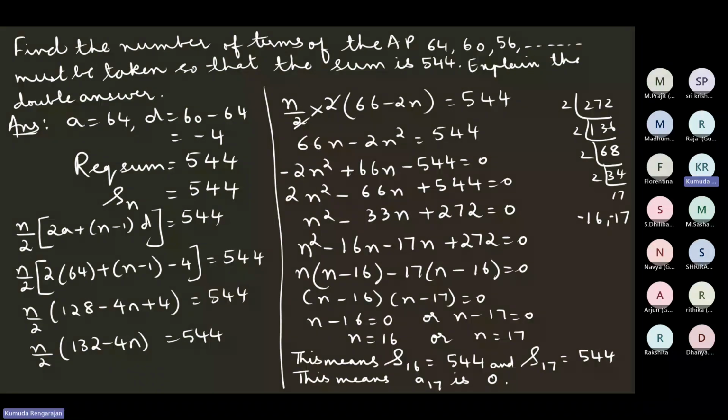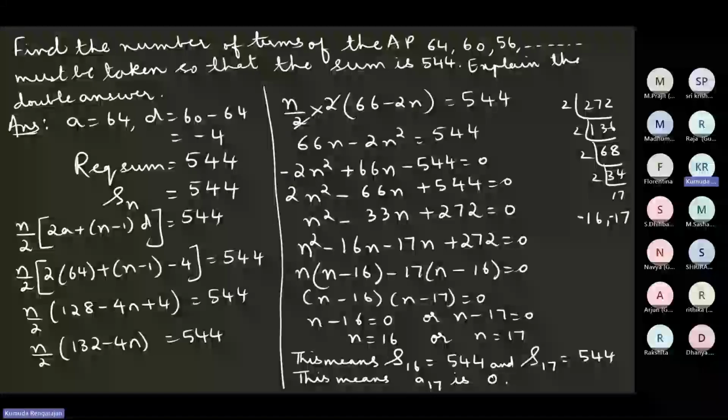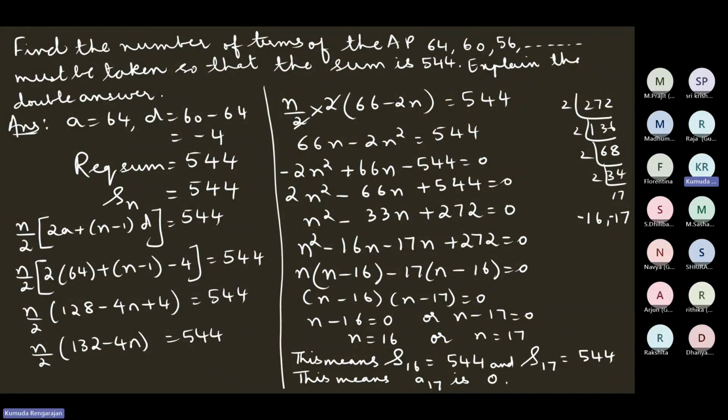So for the required sum, we have the AP. Very convenient. We know the first term, we know the common difference, and the required sum is 544. So the question is, how many terms should be added to get 544 as a sum? We don't know how many terms, so SN is 544. If you write that, that's sufficient. Below SN, you write the formula is equal to 544.